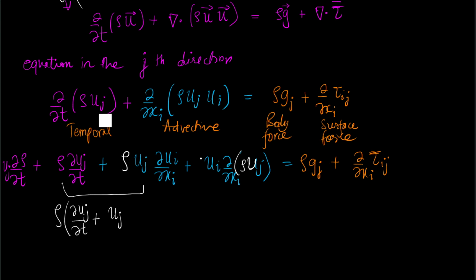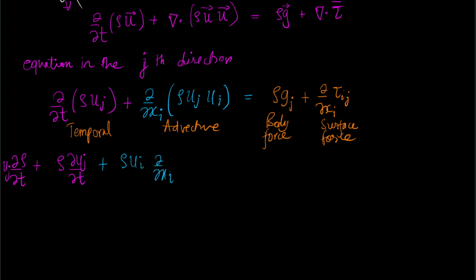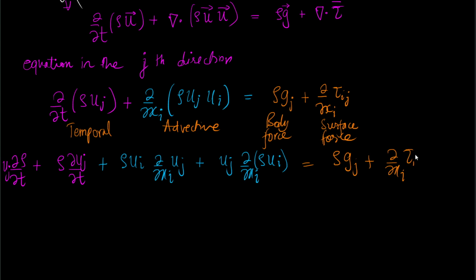There is only a certain way in which you get the best benefit out of this splitting. Let me just rewrite this. So the second term can be split as rho ui del xi of uj plus uj del xi of rho ui. Yeah, that's it. This is equal to rho gj plus del xi of tau ij.